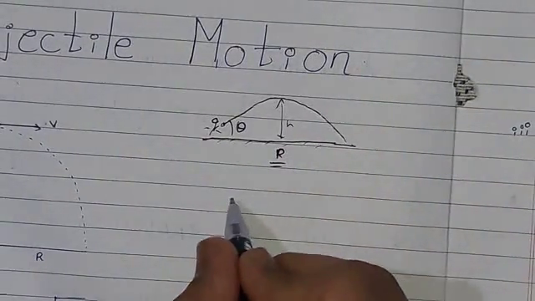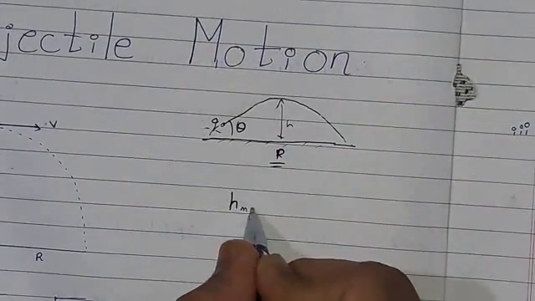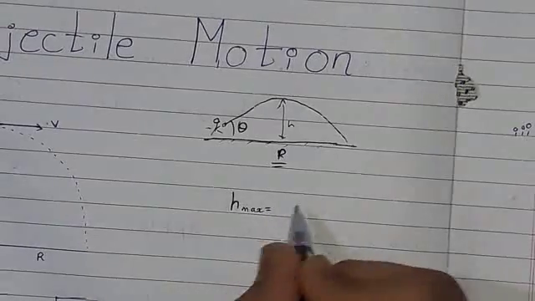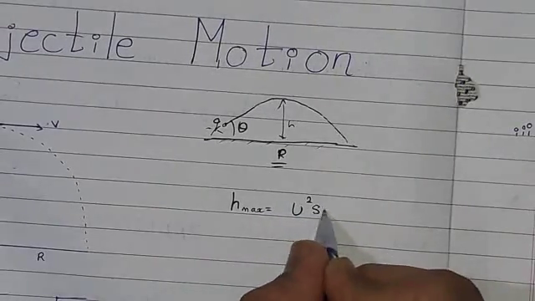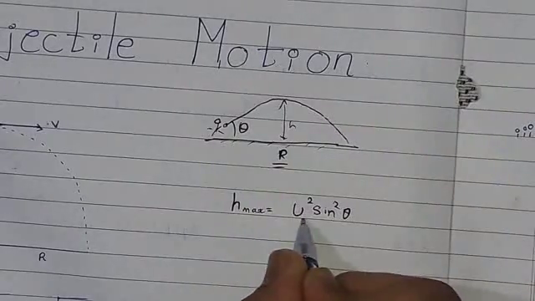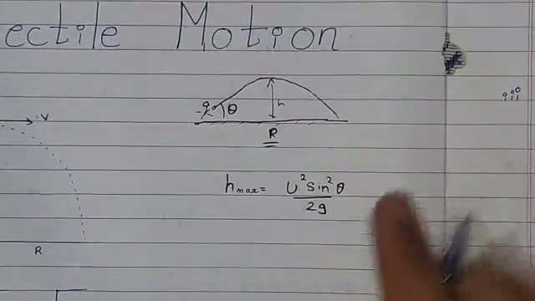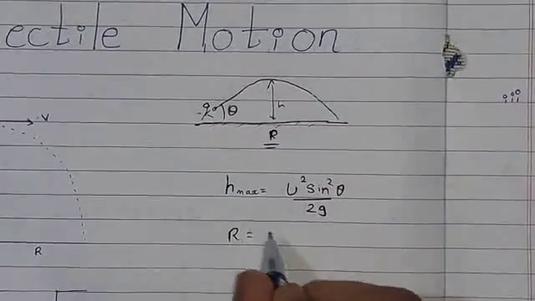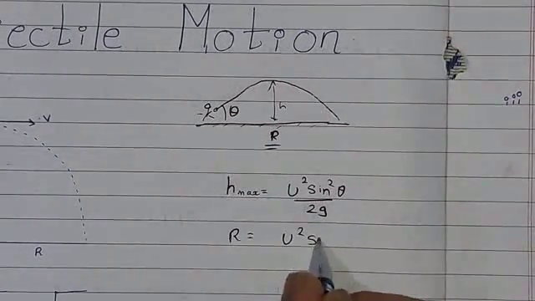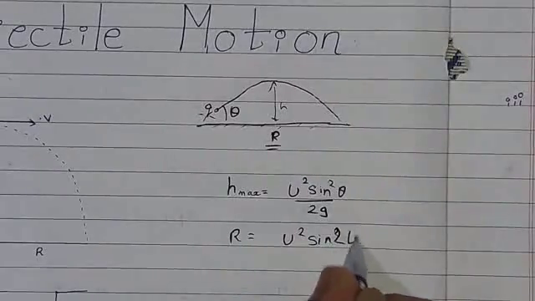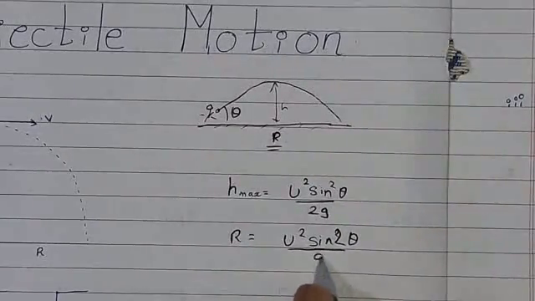Then what is the formula for height? H max equals u square sine square theta upon 2g is the formula for height. The formula for range is u square sine of 2 theta upon g.